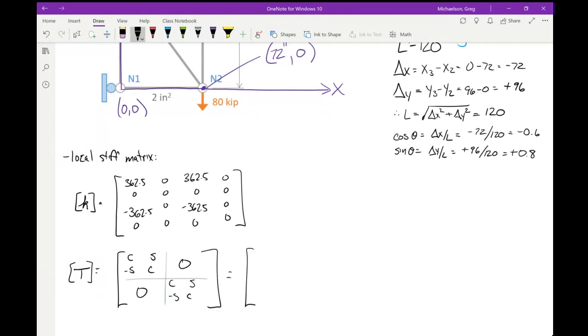So what do we got? We've got negative 0.6, negative 0.8, and then 0.8, negative 0.6, and then just that repeated.